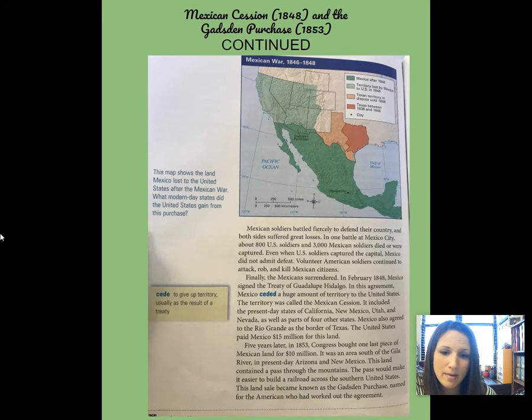The United States paid Mexico $15 million for this land. 5 years later, in 1853, Congress bought one last piece of Mexican land for $10 million. It was an area south of the Gila River, in present-day Arizona and New Mexico. This land contained a pass through the mountains. The pass would make it easier to build a railroad across the southern United States. This land sale became known as the Gadsden Purchase, named for an American who had worked out the agreement.